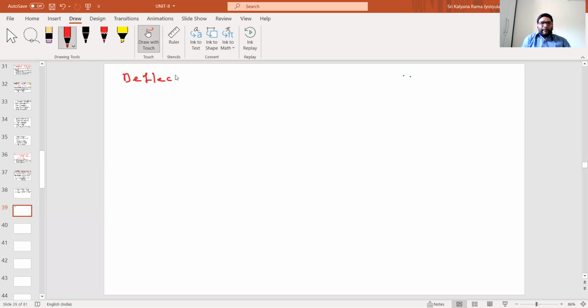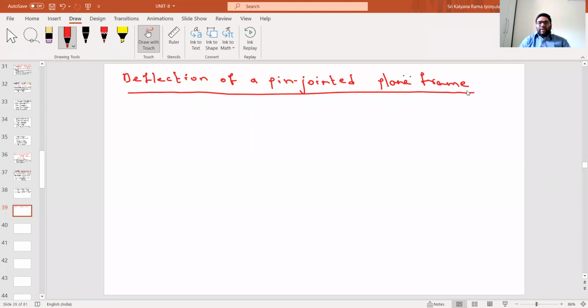Now, deflection of a pin jointed plane frame. When we talk about the deflection of a pin jointed plane frame, normally we see trusses.